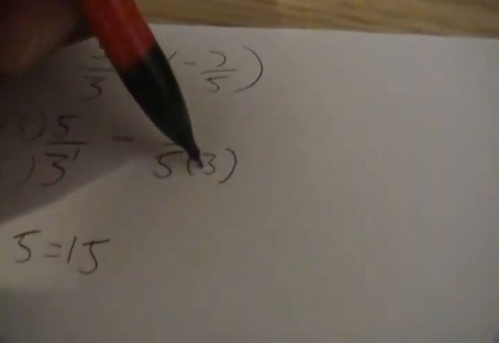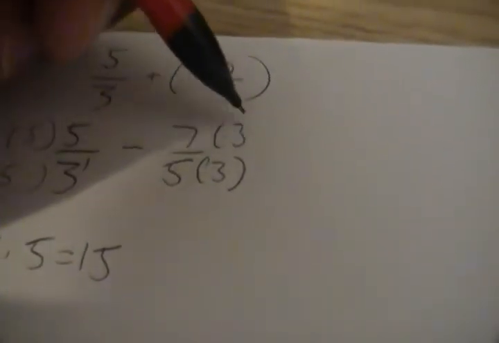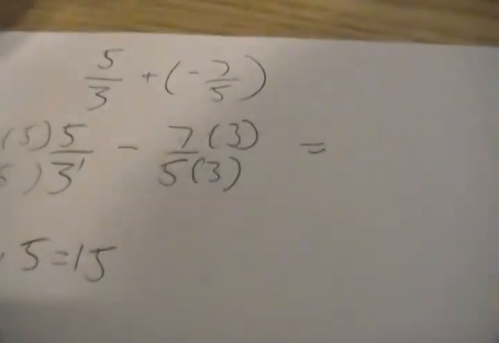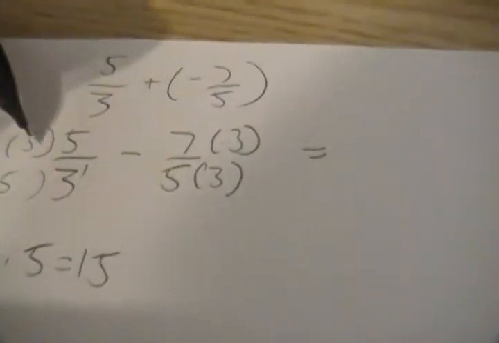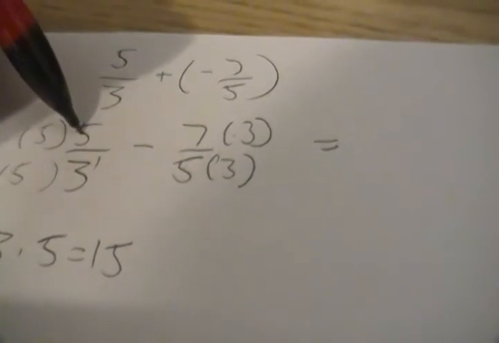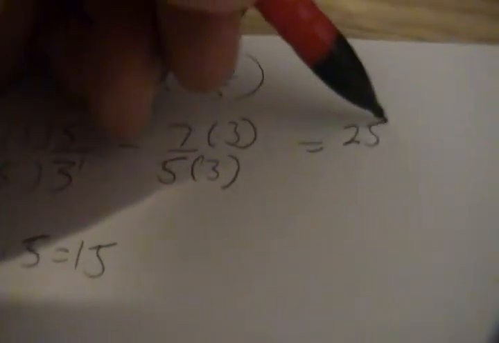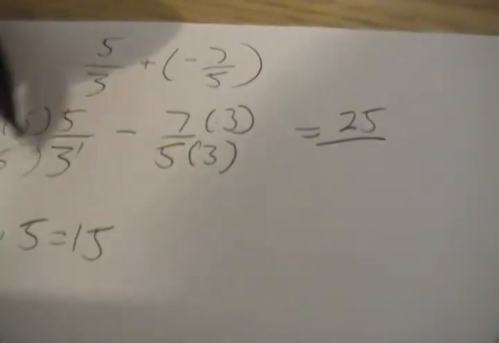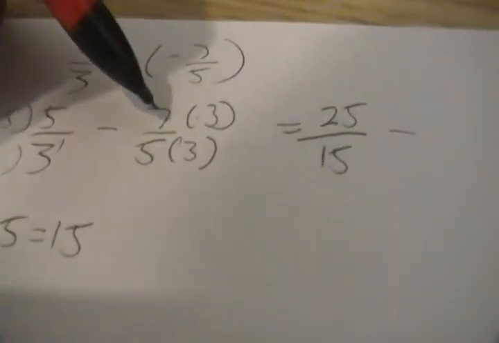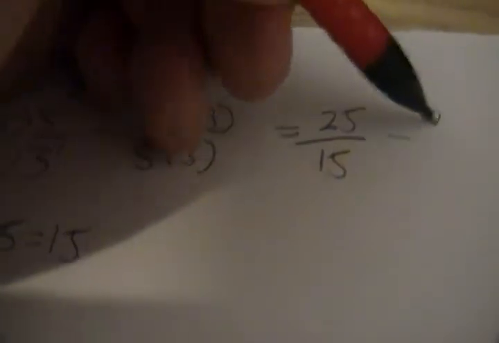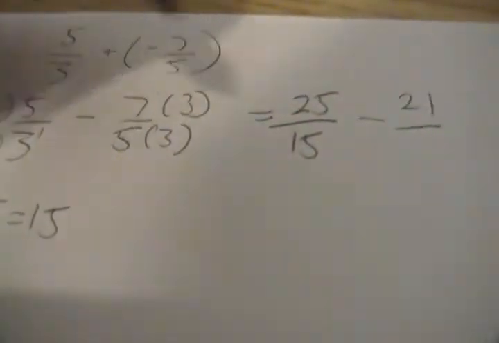Again, what we do on the bottom, we have to do on the top, so multiply 7 times 3. So 5 times 5 is 25, and then 5 times 3 is 15, subtract 7 times 3, which is 21, over 15.